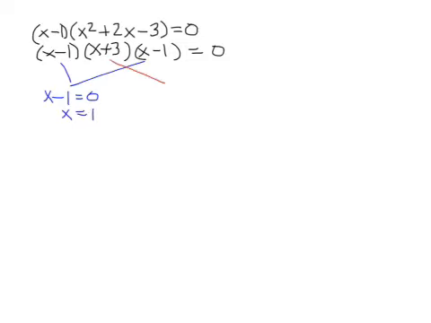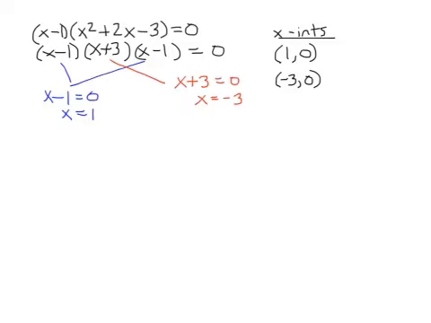And from this factor, I have x plus 3 equals 0. And so x equals negative 3. So this means that I have two x-intercepts, and my x-intercepts are the ordered pairs 1, 0 and negative 3, 0.